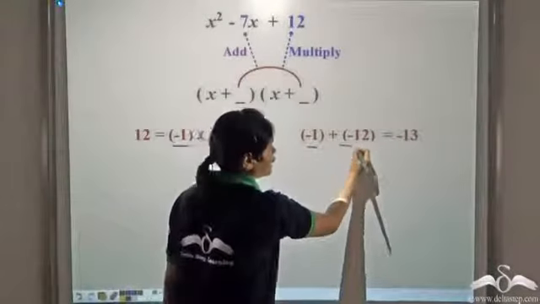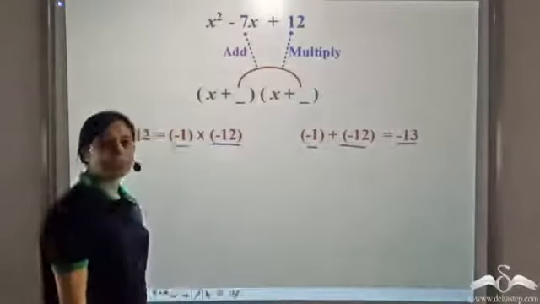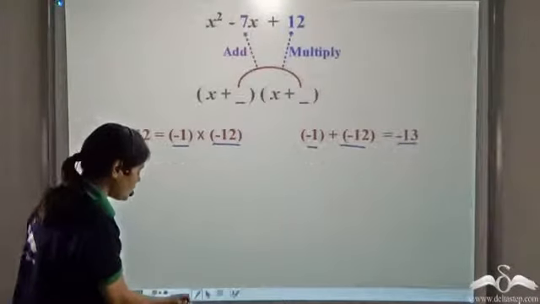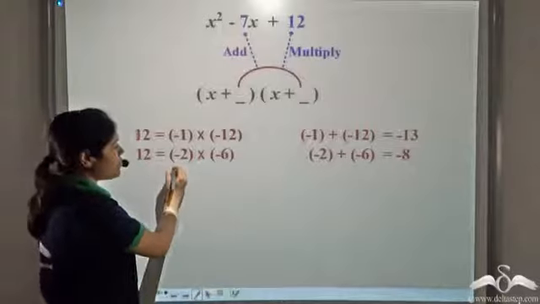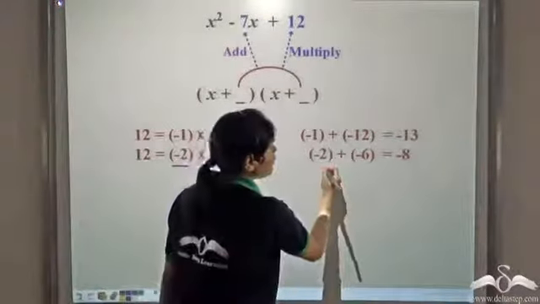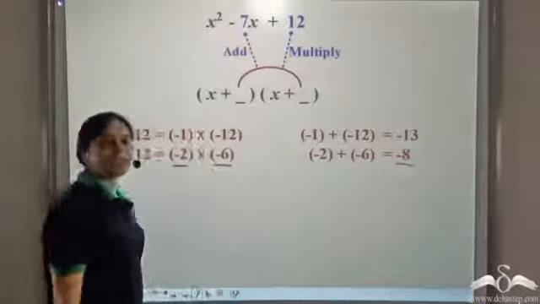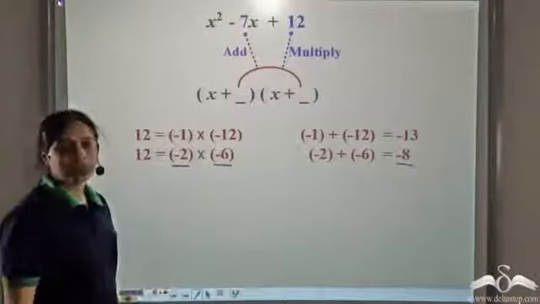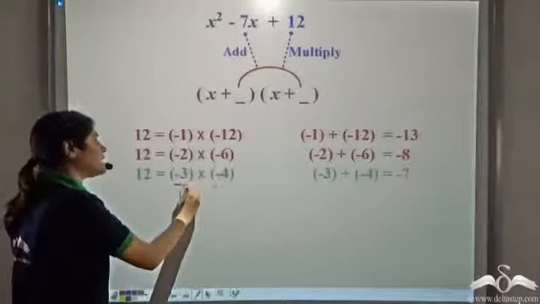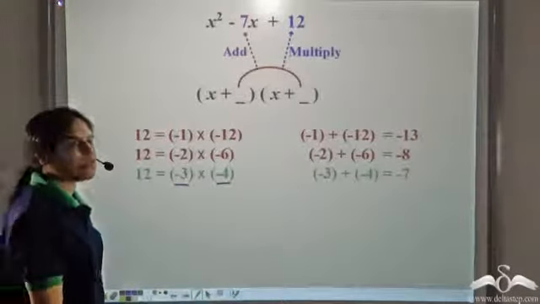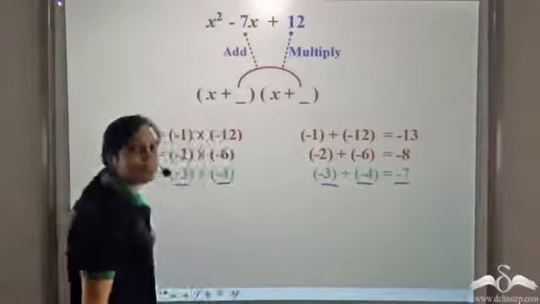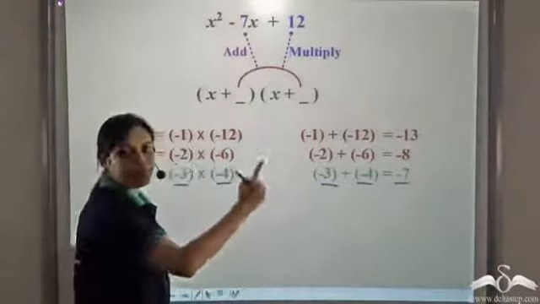Negative 1 plus negative 12 give us negative 13, which is not equal to negative 7. 12 could also be written as negative 2 into negative 6. Negative 2 plus negative 6 gives us negative 8, which is not equal to negative 7. We can also write 12 as negative 3 into negative 4. Negative 3 plus negative 4 is negative 7, which is what we wanted.